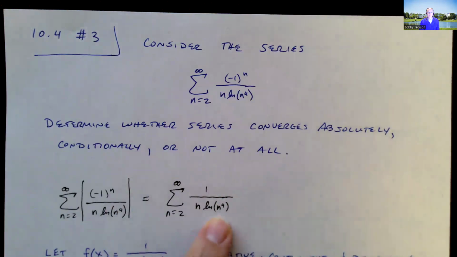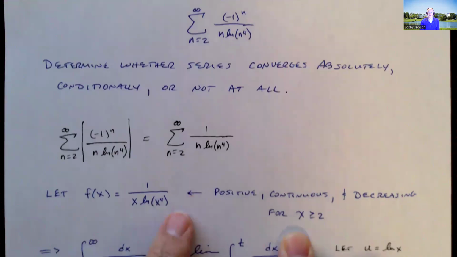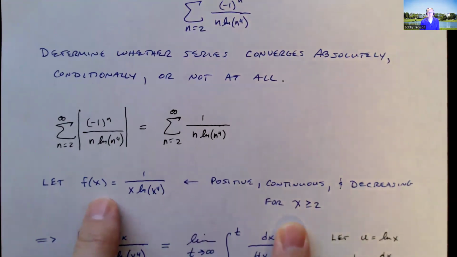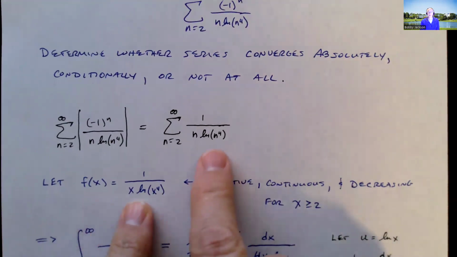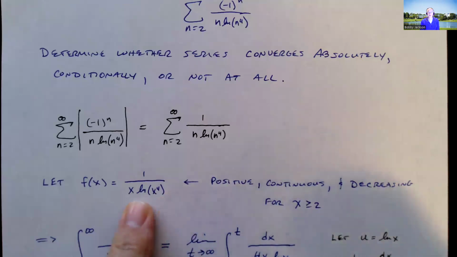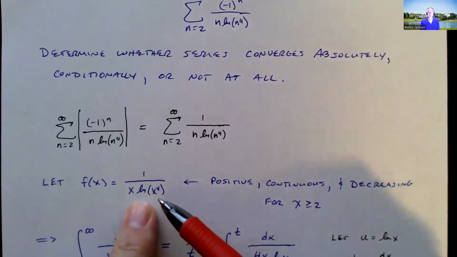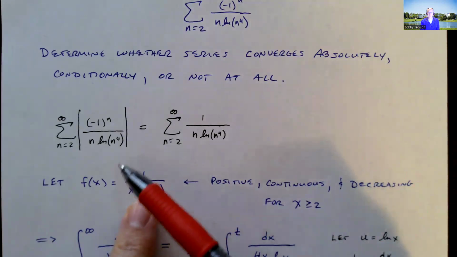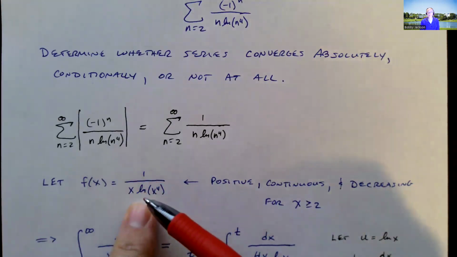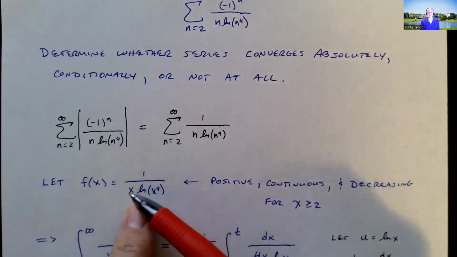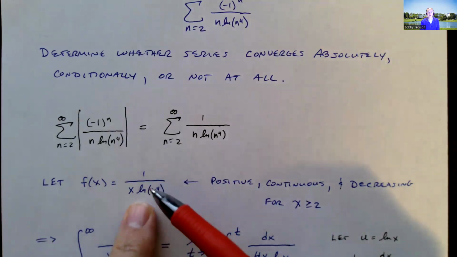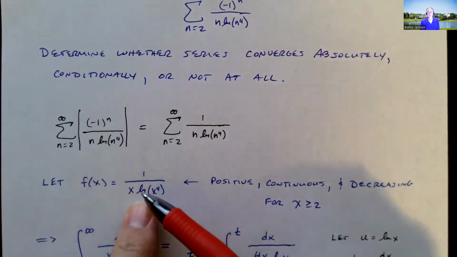Well, one of the tests that we have is the integral test. And if we just replace n with x and think about this function of real numbers, this function is certainly positive for values of x greater than or equal to 2. And it's also continuous. The only problems we would have is if x were 0 or getting close to 0, where we have a vertical asymptote.